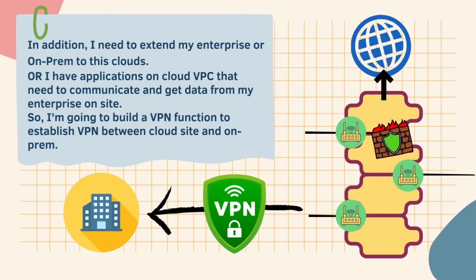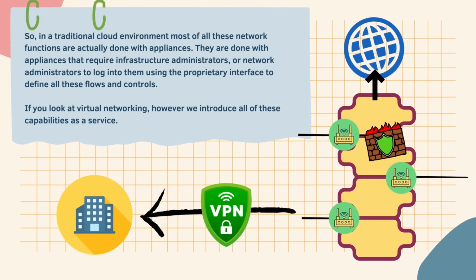In a traditional cloud environment, most of these network functions are actually done with appliances. They are done with appliances that require an infrastructure administrator or network administrator to log into the boxes and then use the proprietary interface to define all these traffic flows and controls on those appliances. If you look at virtual networking, however, we introduce all of these capabilities as a service.